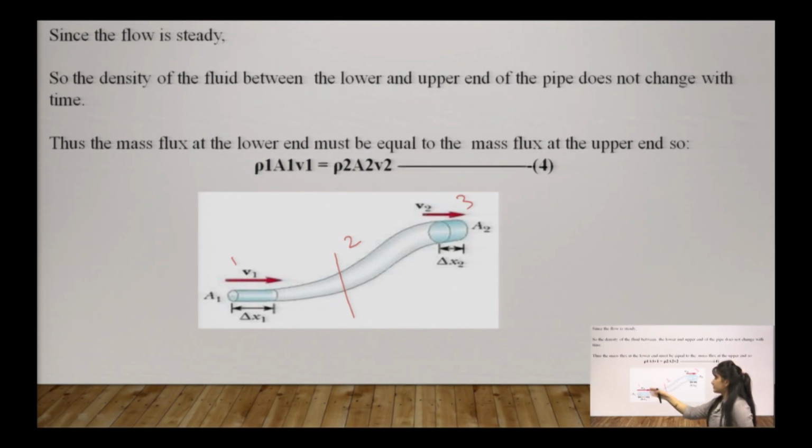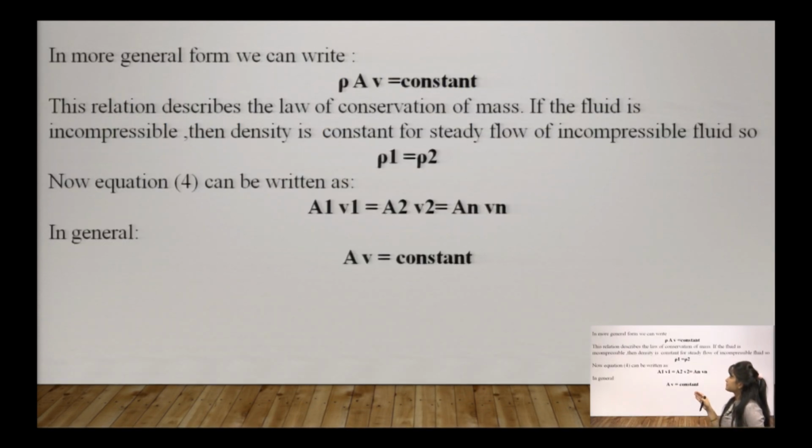ρA1V1 is equivalent to ρA2V2, and similarly it would have been equivalent to ρAnVn. Or you can say the product of the density of the fluid flowing through a cross sectional area A having a velocity v is always constant.